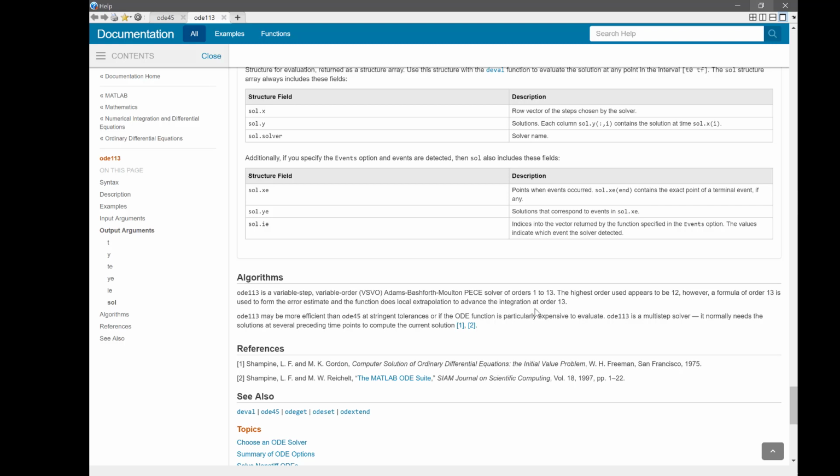At other times, your delta t is not limited by stability at all. It's just limited by accuracy, and that's when it's worthwhile to use a higher order scheme. So these are MATLAB's reservoir of explicit time integration schemes.